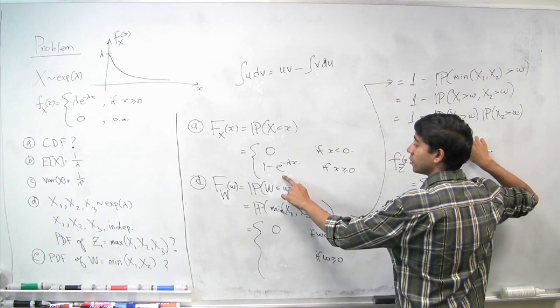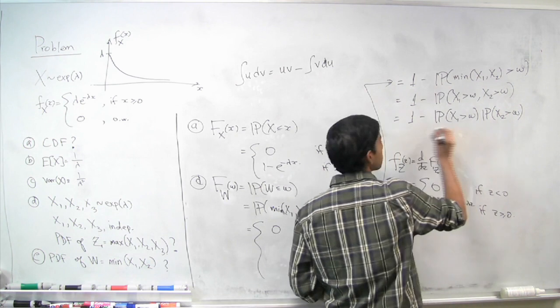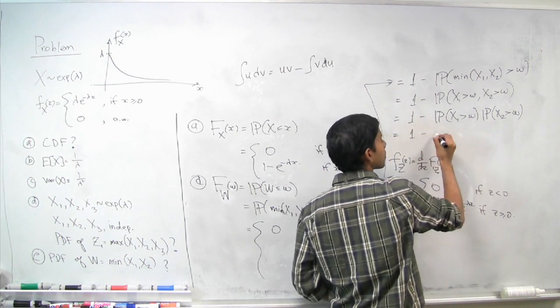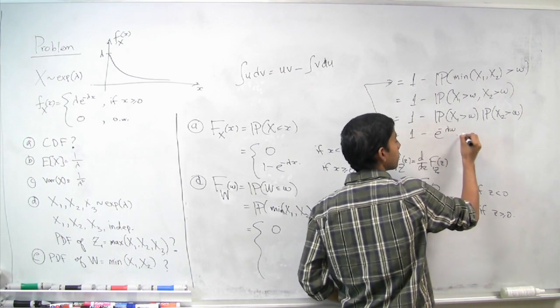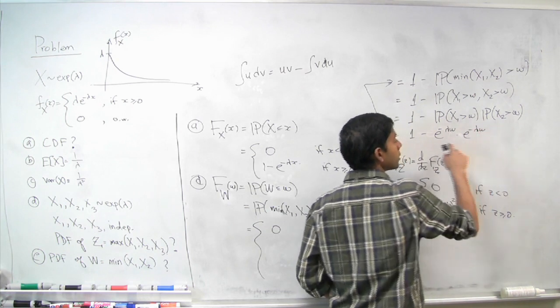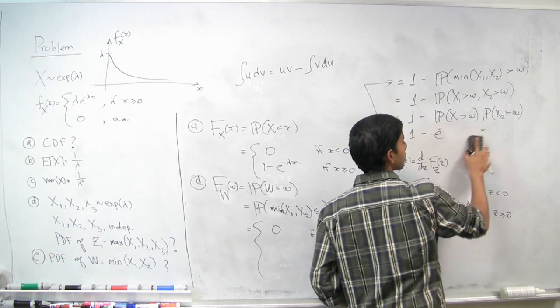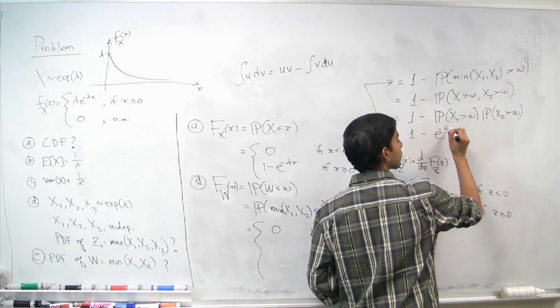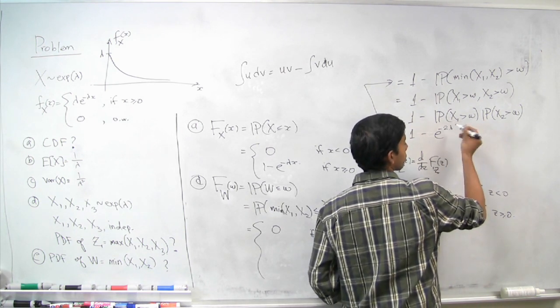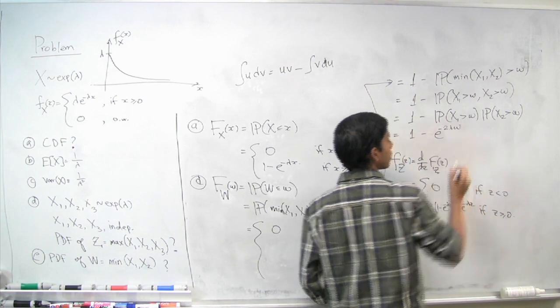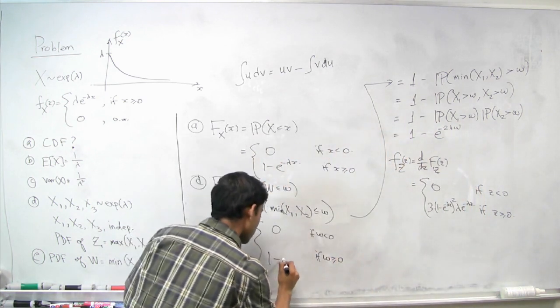So it's just going to be e to the minus lambda w for each of them. But that's the same as e to the minus 2 lambda w.